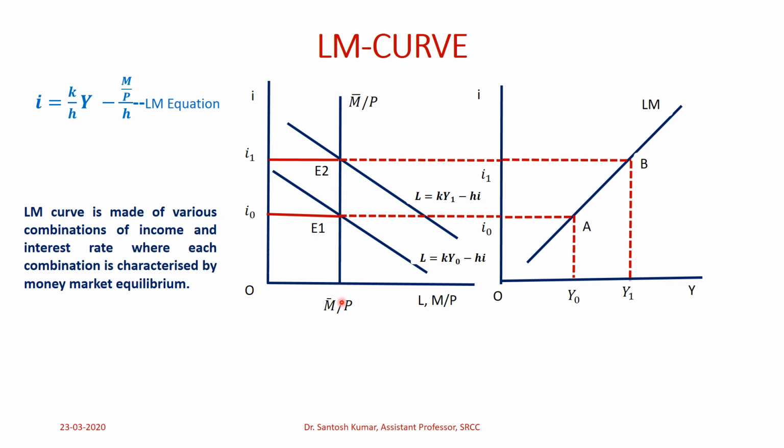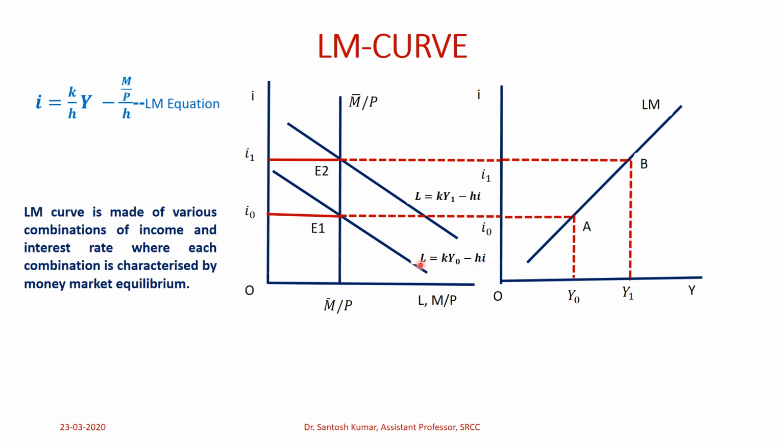Vertical. Now to find the equilibrium in this diagram for the money market, we need a money demand line. We know that money demand is a function of income and interest rate. Money demand is positively related to income and negatively related to interest rate.